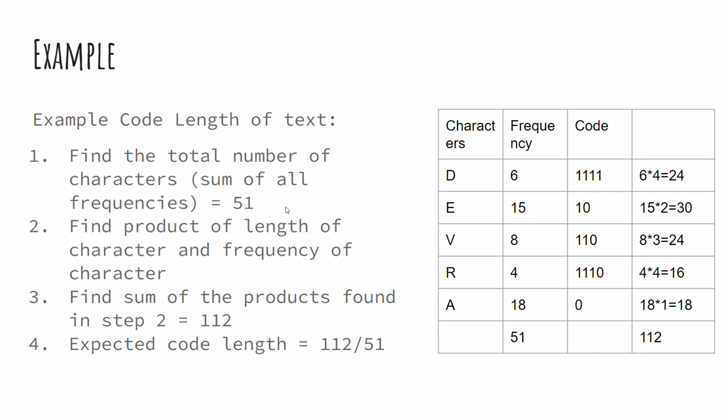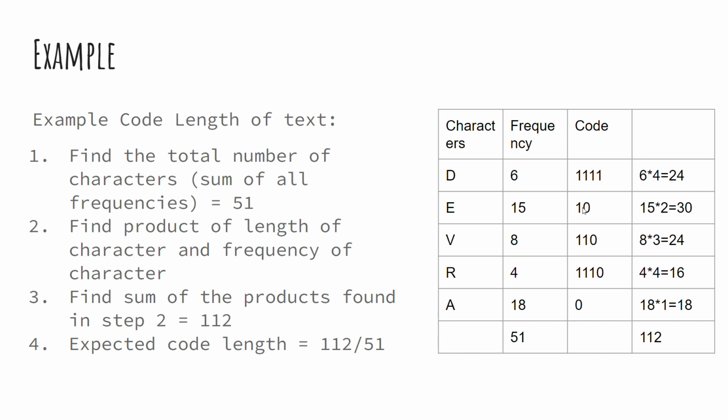In this example, the way we find the average code length of the text is that we first find the total number of characters, which is the sum of all frequencies. So I added 6 plus 15 plus 8 plus 4 plus 18, and I get 51. Then I find the product of the length of the character's code and the frequency of the character. So 6 multiplied by 4, because the length of the code of D is 4, so I get 24.